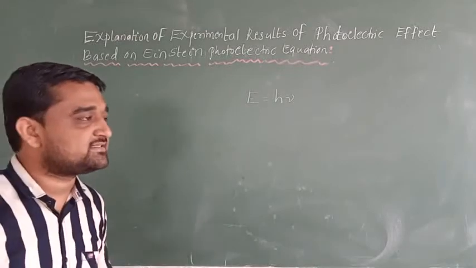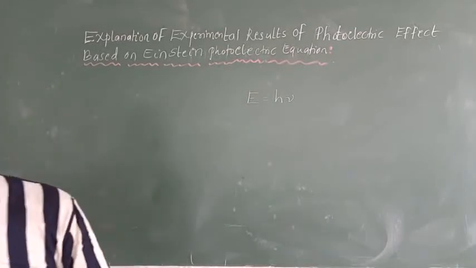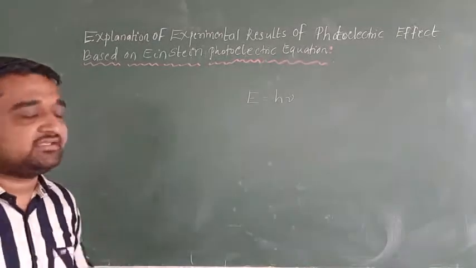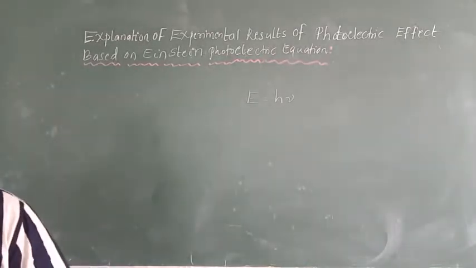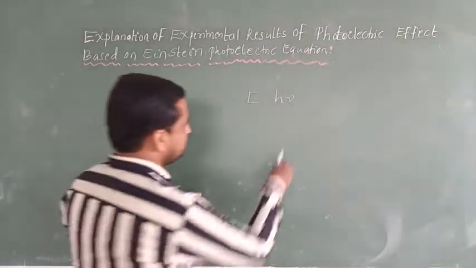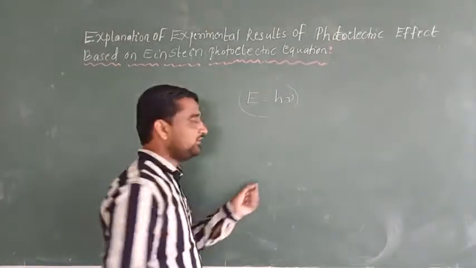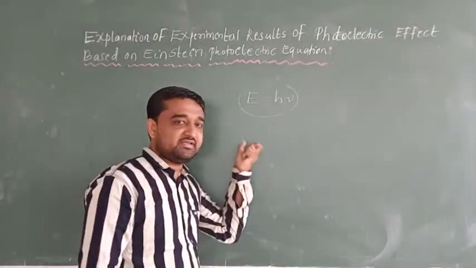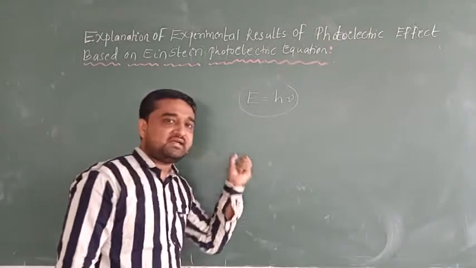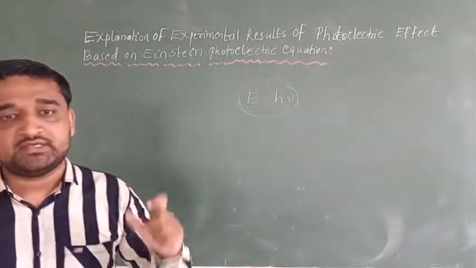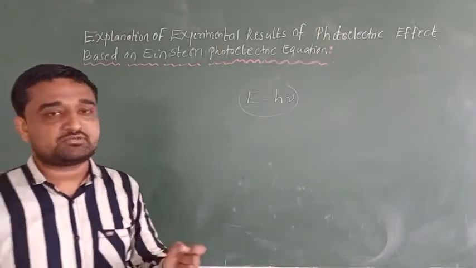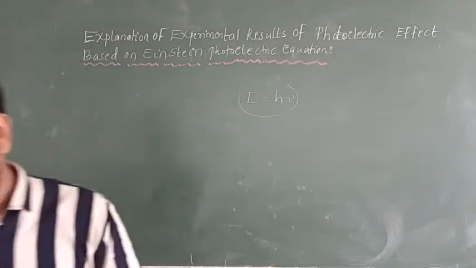The free electrons exist inside the metal, and that electron absorbs the energy from the photon, and the gained energy is equal to E equals h nu. This energy is transferred to the free electron present inside the metal.